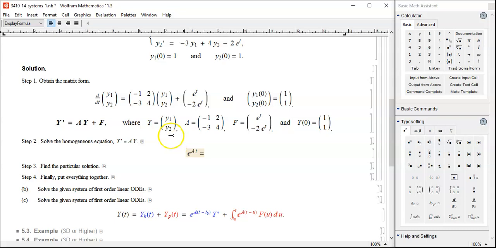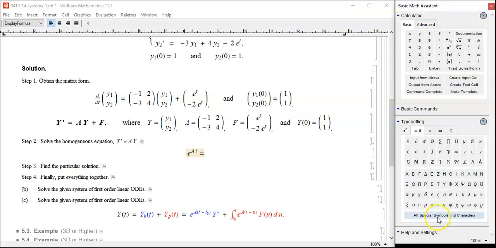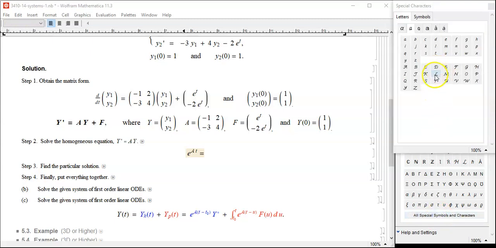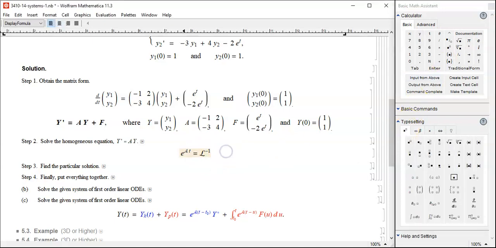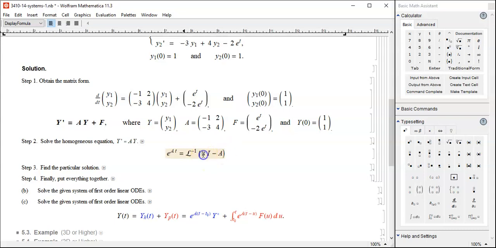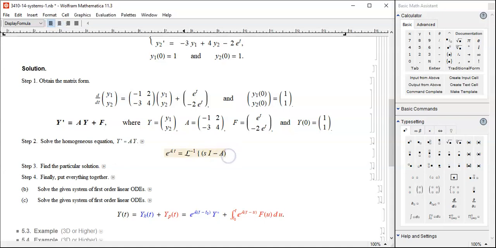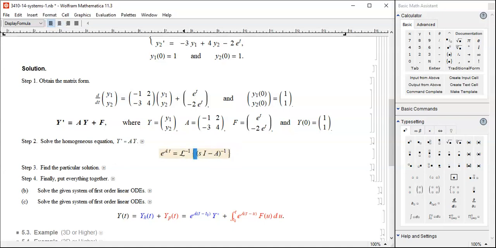And do you recall how to find this? Laplace inversion of what? sI minus A inverse. Remember this? This matrix is called the resolvent matrix.